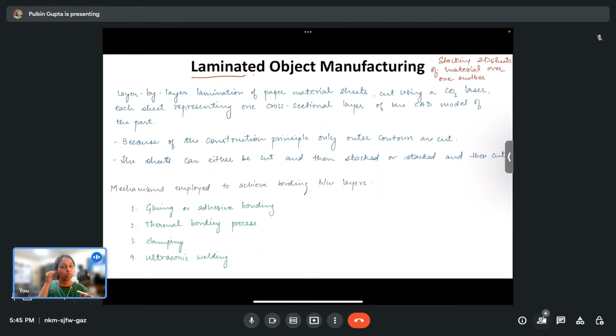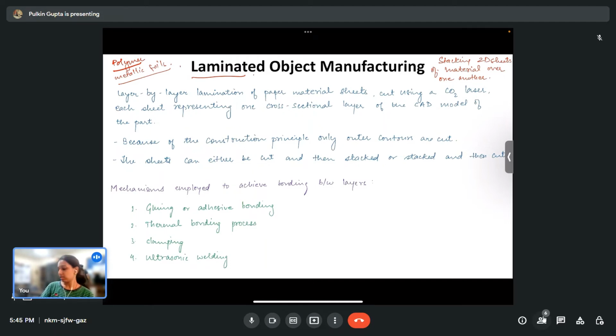That is what is termed laminated object manufacturing. Similarly, here these 2D sheets can either be polymers or metallic foils. So these can be your materials when you are having 2D laminated sheets.